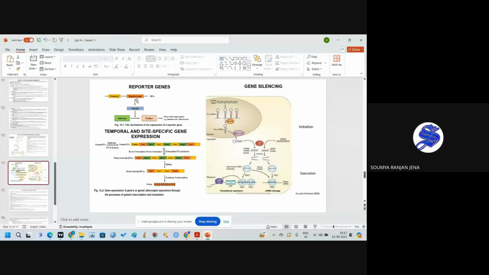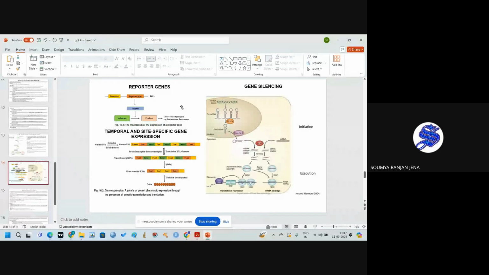This reporter gene is used during the synthesis of insulin, because previously insulin was used for the royal family in London. They used it from pancreatic extract. Nowadays, researchers use these reporter genes to know whether insulin is synthesized in a bacterial cell.